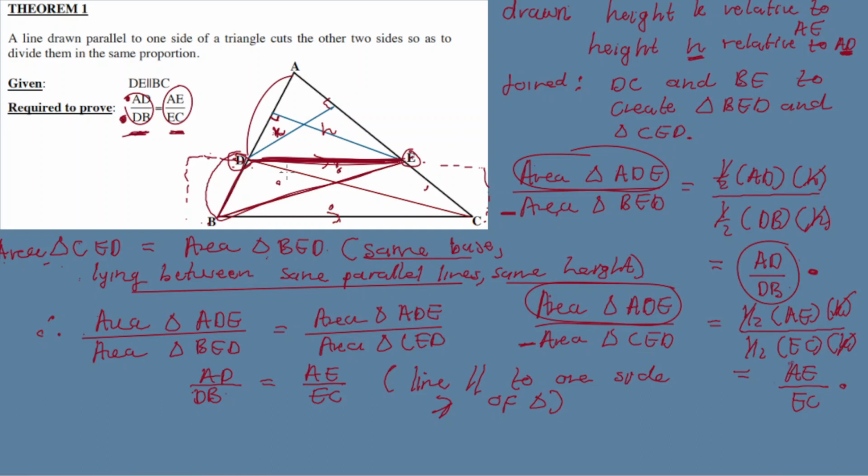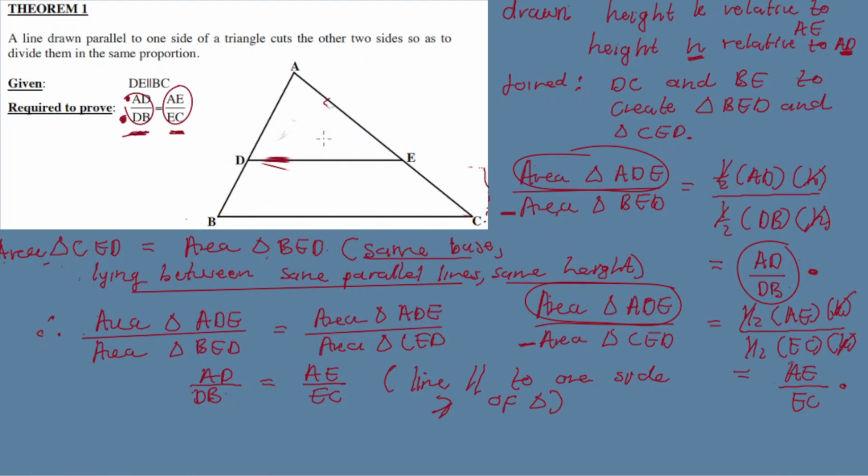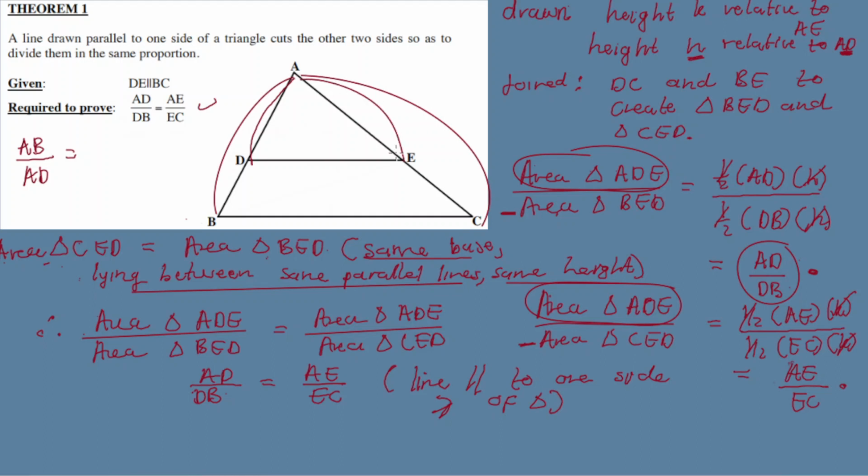So this theorem is also true in the corollaries as well. In our corollaries, it's not only limited to this ratio. The ratio between AB over AD is also equal to the ratio between AC over AE. Right?